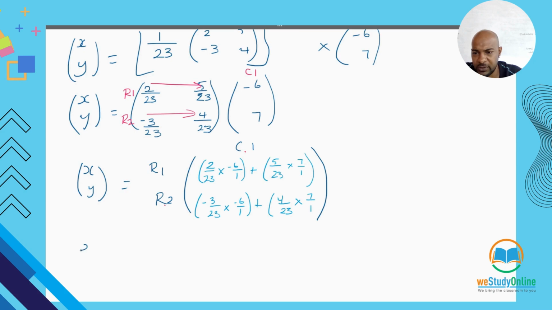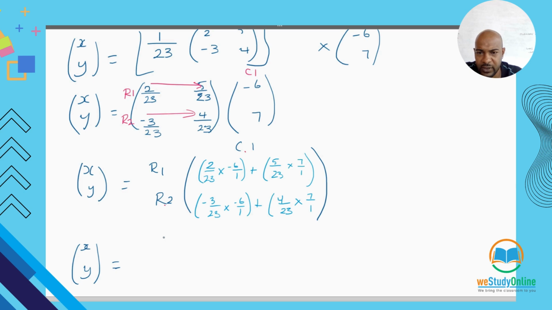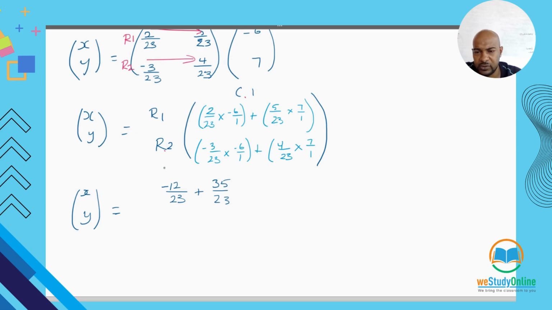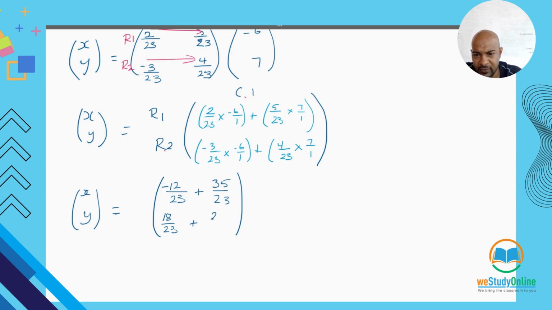Now we just need to multiply those out, add them together, work it out, and we get our answer. So 2 by negative 6 will give us negative 12 over 23 plus 5 by 7 is 35 over 23. Alright, that's top row, first column. Underneath here, I get a positive 18 over 23 plus 4 by 7 is 28 over 23.